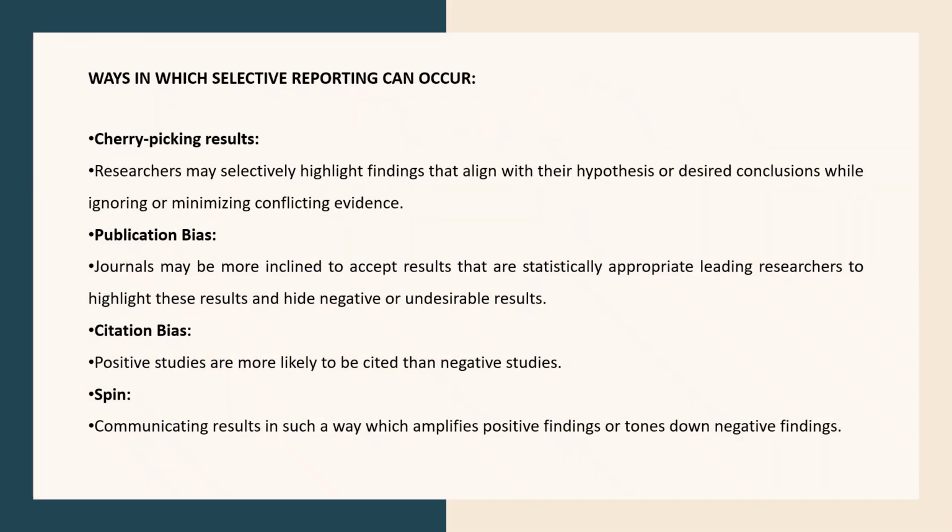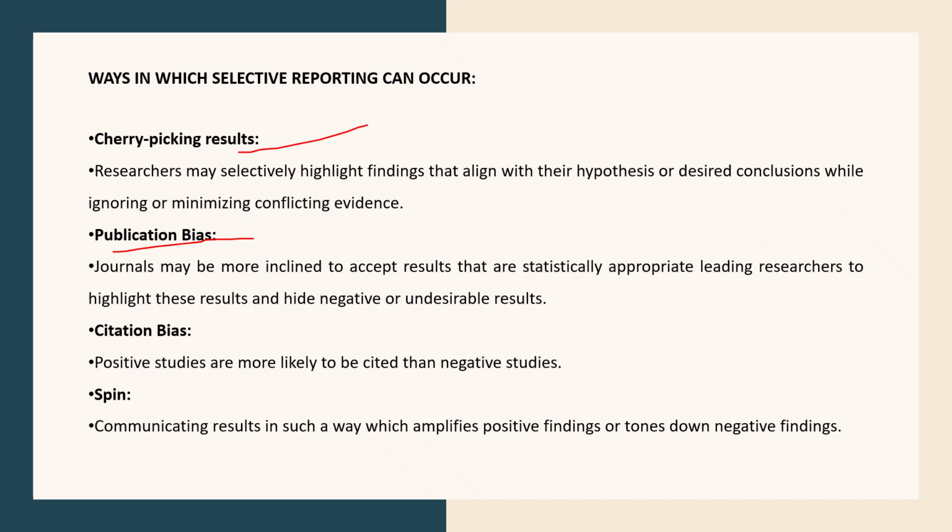Ways in which selective reporting can occur. In which ways will selective reporting occur? First, cherry picking results, like you're picking just the cherries, highlighting only the important, required, positive things. Then you have publication bias.